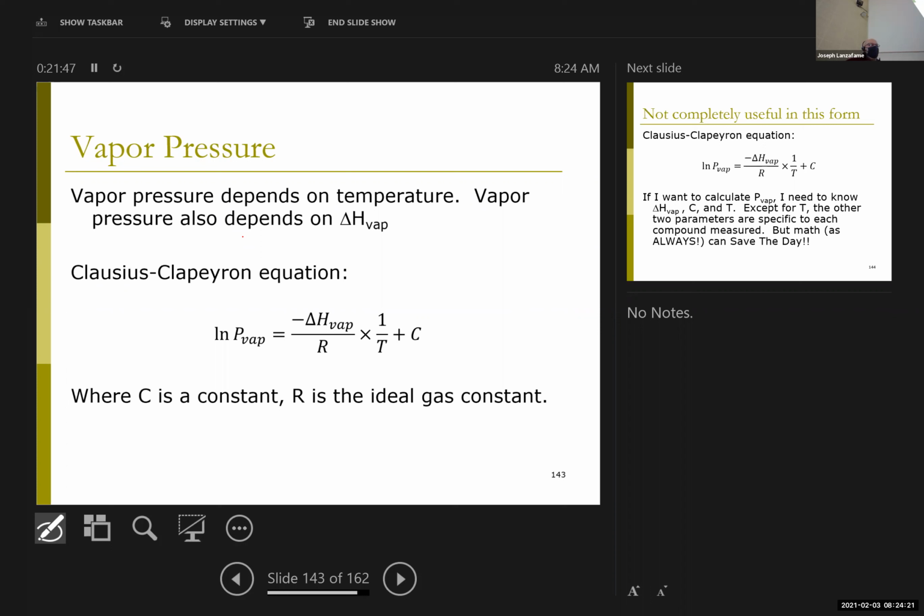And then I can sort of do both. The Clausius-Clapeyron equation is the temperature dependence of vapor pressure. As it was originally constructed, it looks like this.